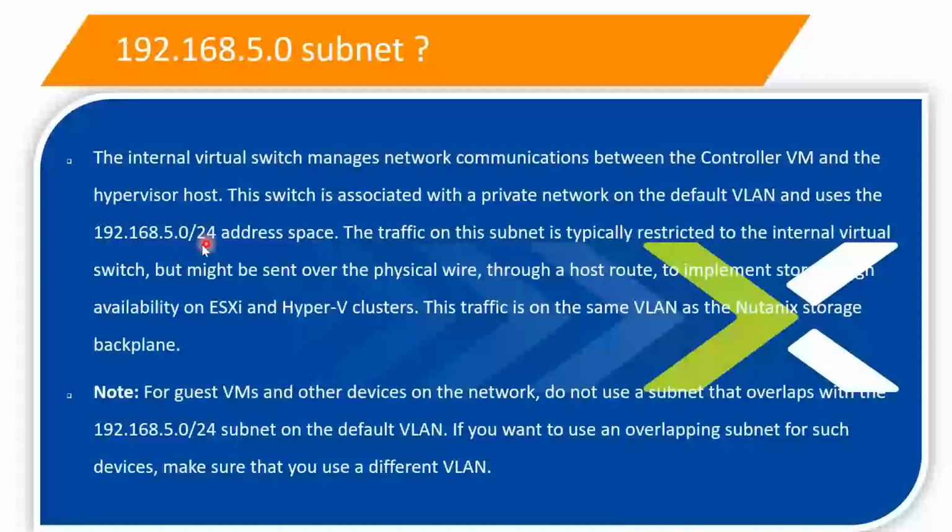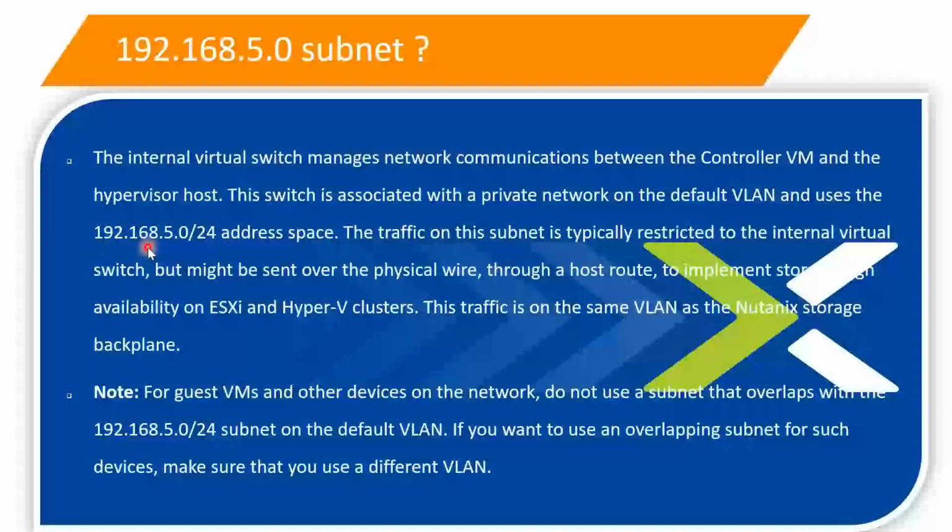So if you have any plan to use this subnet in your data center, Nutanix says that in such circumstances you should try to avoid this subnet. If it is really required, probably you can go for it, but the recommendation would be don't take this subnet in your data center for any infrastructure.